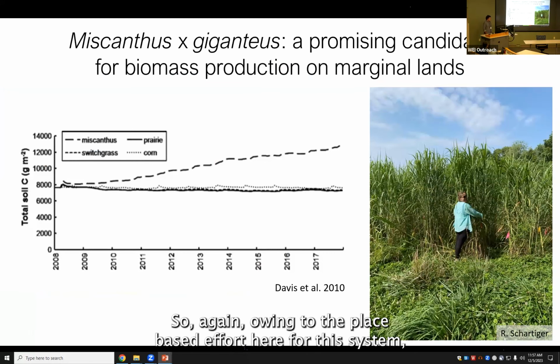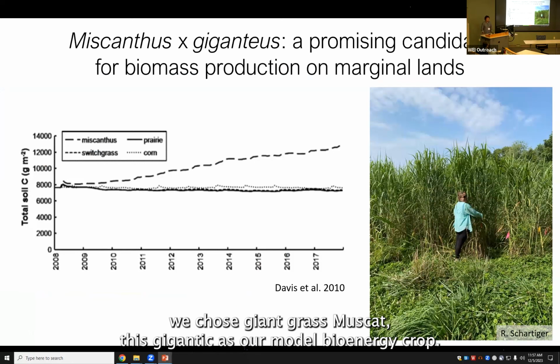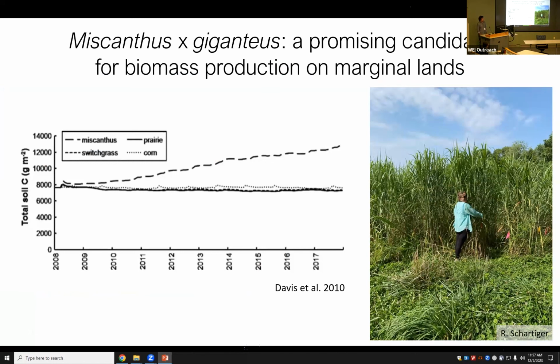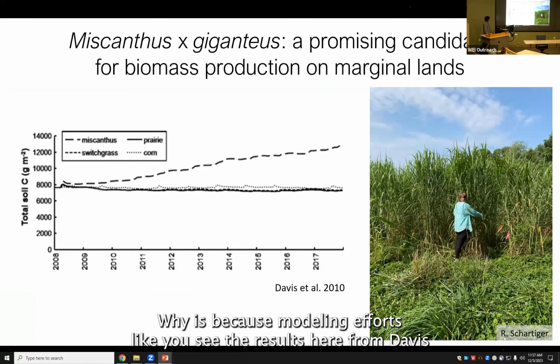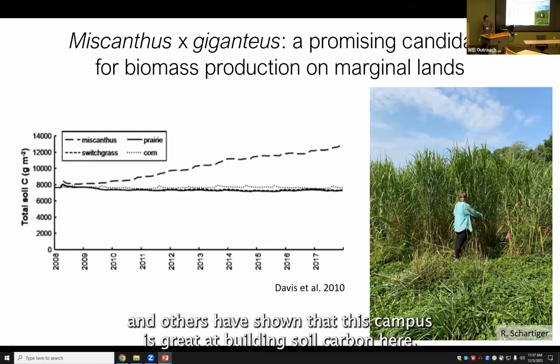So again, owing to the place-based effort here, for this system we chose the giant grass Miscanthus giganteus as our model bioenergy crop. Why? Because modeling efforts, like you see the results here from Davis and others, have shown that Miscanthus is great at building soil carbon.